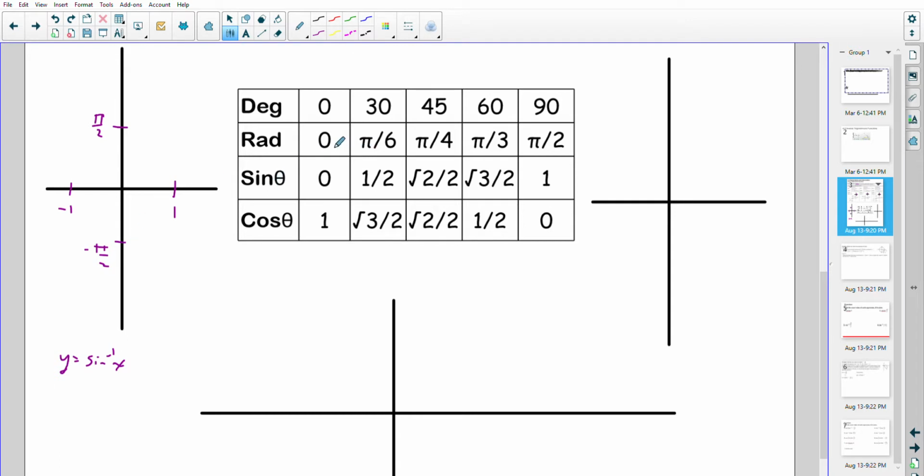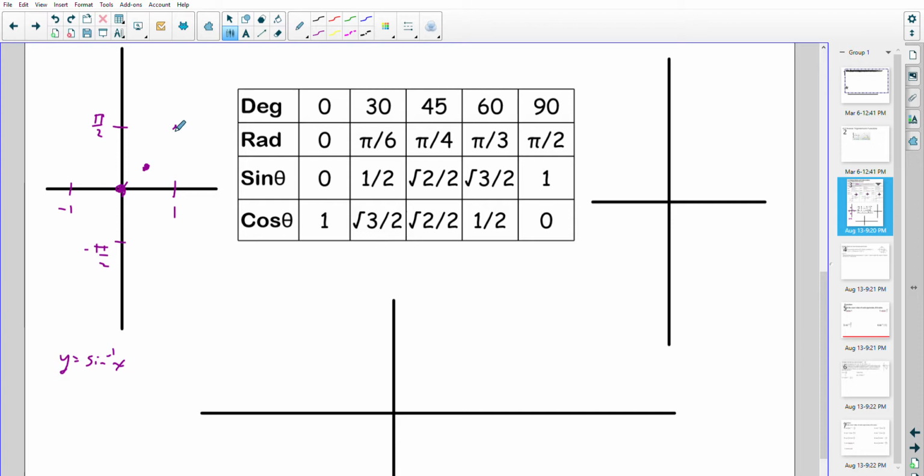And as I look at this, I can see that 0, 0 is one point. The next point would be pi over 6, 1/2, which means now I want 1/2, pi over 6, which means that's going to be about right here. And continuing on, I would have pi over 2, 1, which means 1, pi over 2.